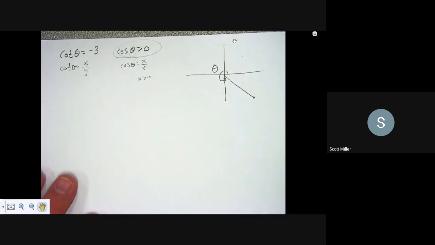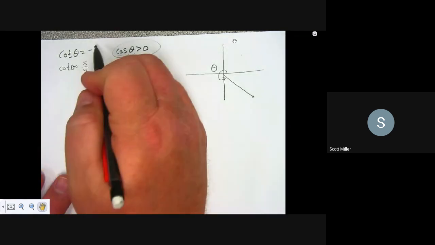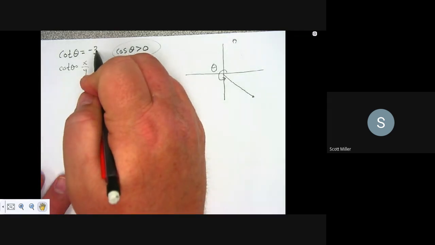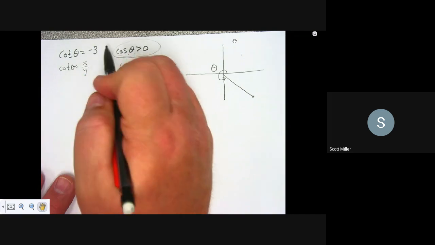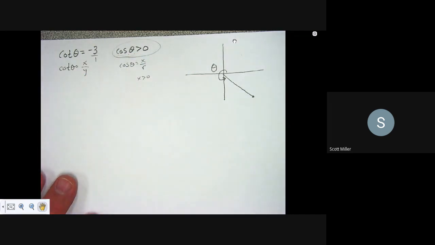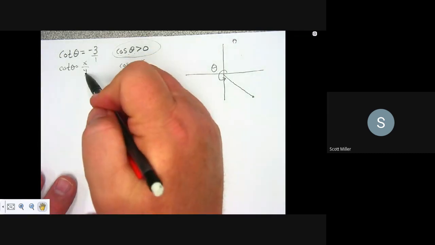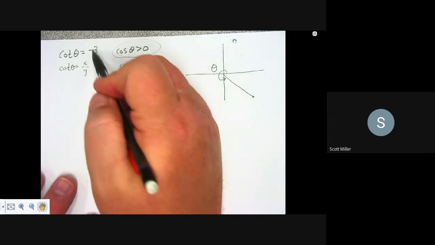Because I know that, and I know the cotangent is -3, this is -3 over 1 as a fraction, which means x represents the 3 and y represents the 1, but y has to be negative.